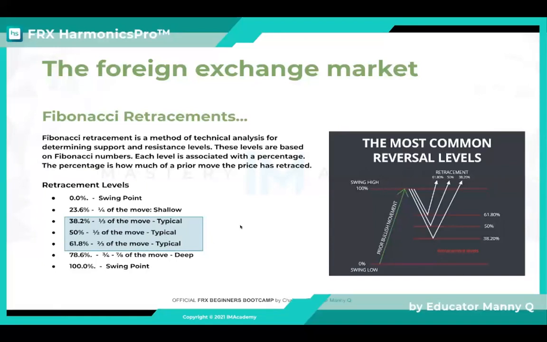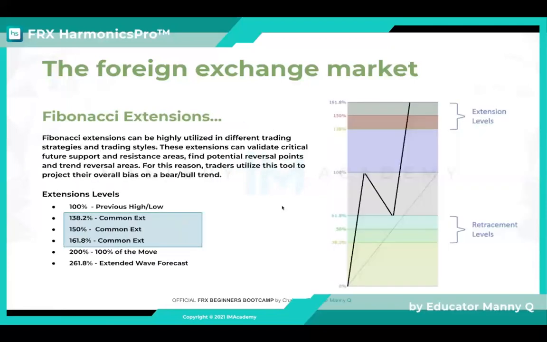This example just explains it wrong, but 100% is where the market pulls all the way back down to the initial start of the swing. So that's a 100% retracement. And according to our market structure rules, that could potentially jeopardize the strength of the trend and could give you the first sign that the market could be reversing, but doesn't necessarily mean that. Okay, so these are the retracement levels.